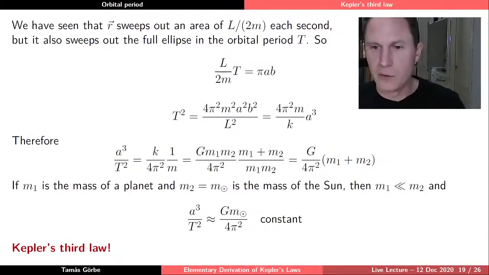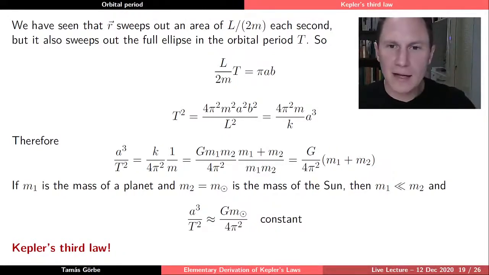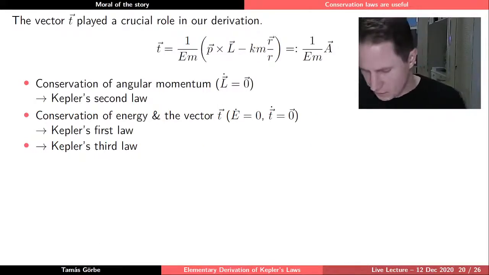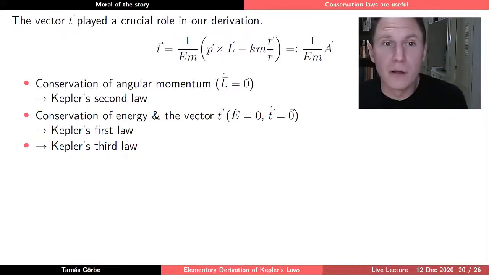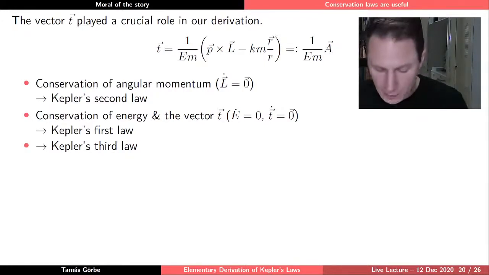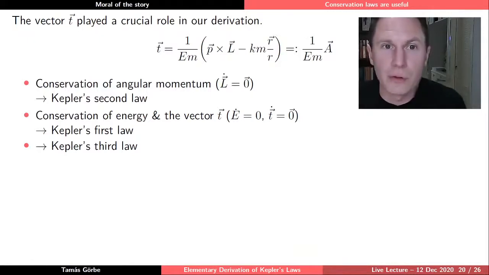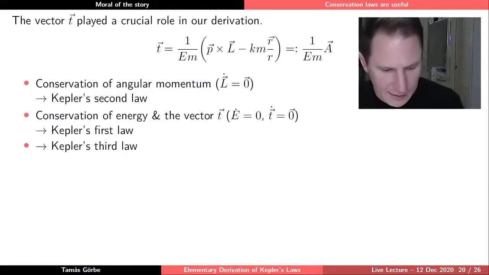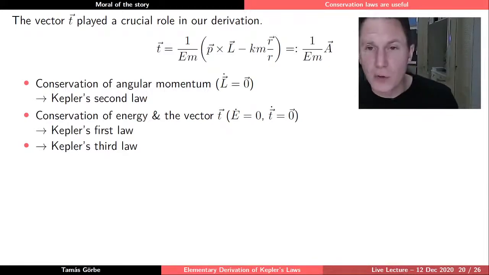Okay, so going back to the slides, all I have to say now is just summarizing, telling you what the moral of the story was. You notice that this vector t played a crucial role in our derivation, and in fact, this vector t is proportional to a very famous conserved quantity in physics, denoted by capital A, and it's called the Laplace-Runge-Lenz vector.